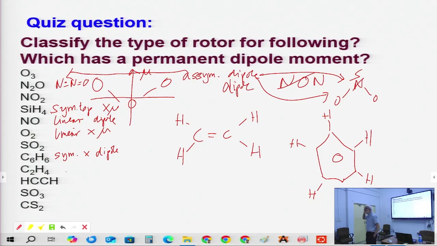Yep, that's right. Has it got a dipole or not? No dipole, that's right. So, acetylene. I think I had that one before as well. Linear, dipole or no dipole? No dipole, that's right.